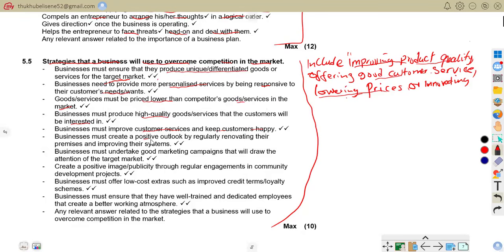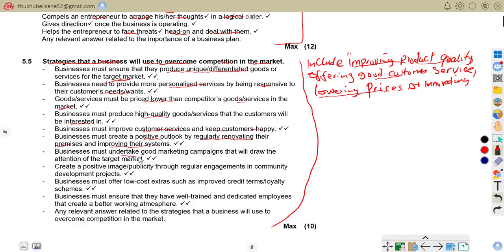Business must create a positive outlook by regularly renovating their premises and improving their systems. So if the business is going to keep on renovating, making some advancements, those improvements will make the business different or able to overcome their competitors.